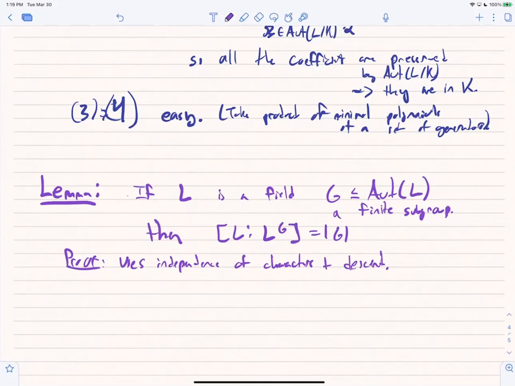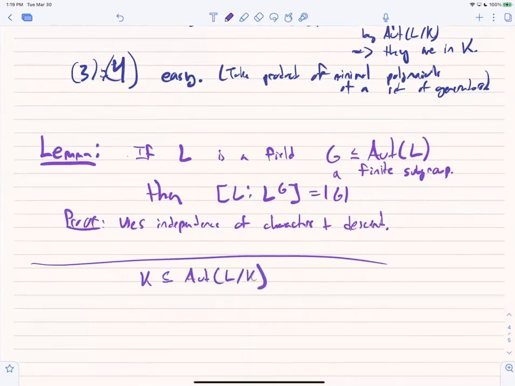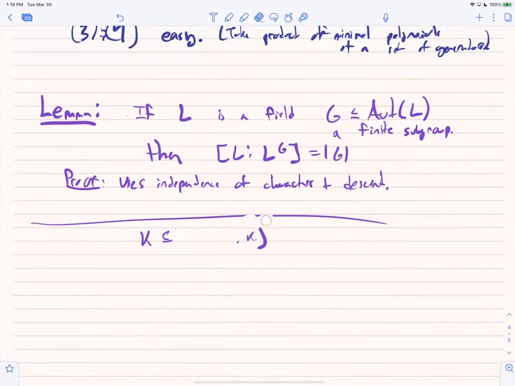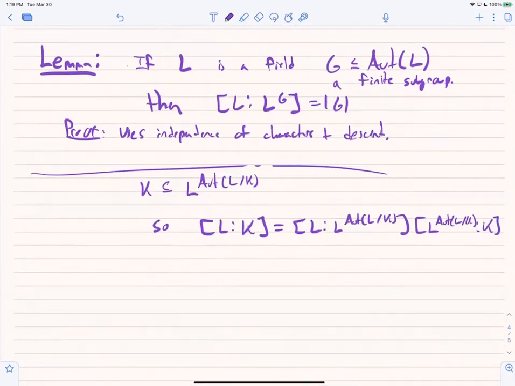Okay, so let me not say any more about that. But once you have this, K is contained in L, so L over K. So the degree of L over K is equal to the degree from L to... okay, so I probably didn't even need this.